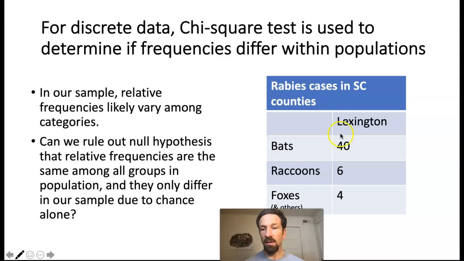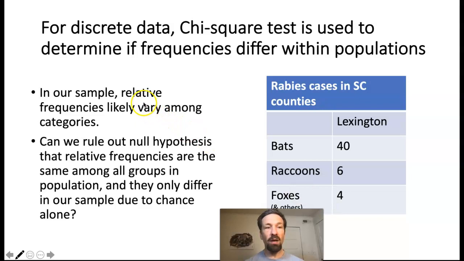Out of those animals brought in to state testing labs, 40 bats were determined to have rabies, 6 raccoons, and 4 foxes. The large discrepancy in numbers here suggest that it is not equally likely for bats, raccoons, and foxes with rabies to be brought in, but rather bats are more likely and the other categories less so.